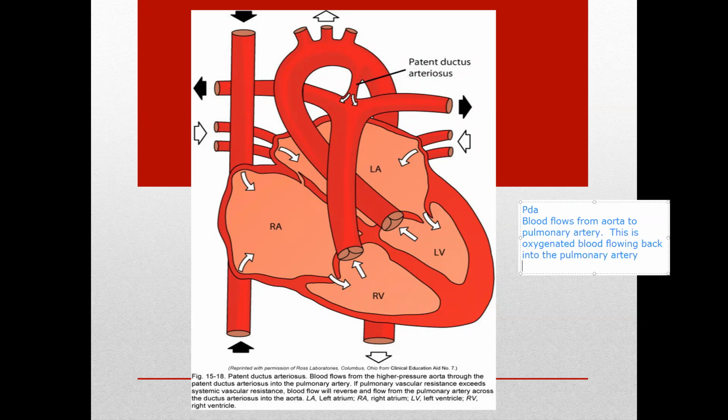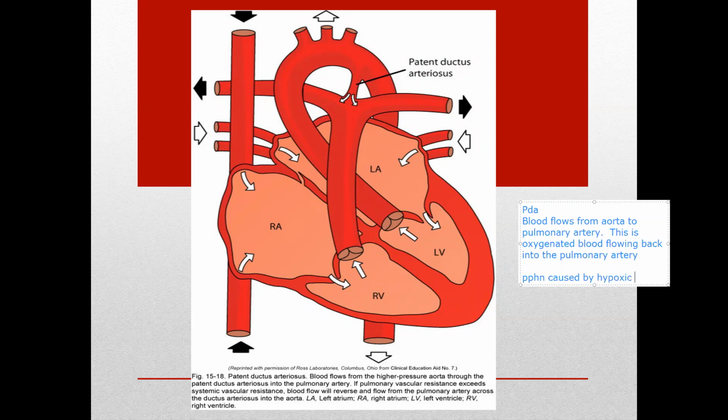Okay, question, Professor. So when it goes back into the pulmonary artery, that's where it mixes with deoxygenated blood? No, no, there is no deoxygenated blood when it's just a pure PDA. I think where I'm getting confused is we said persistent pulmonary hypertension is caused by a hypoxic event, right?